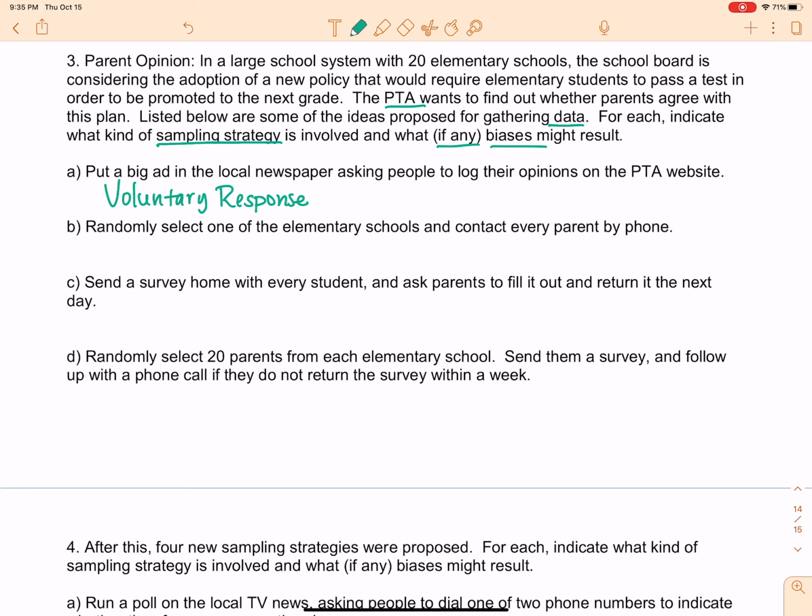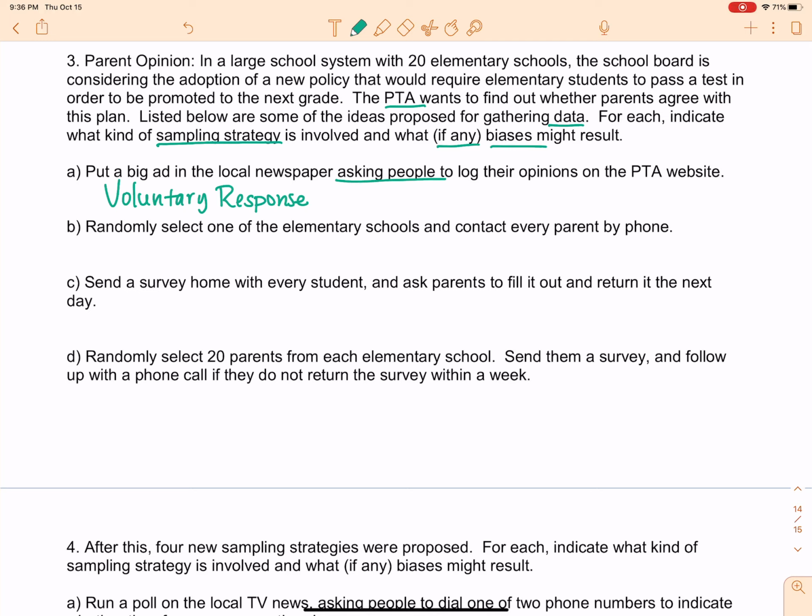So the sampling strategy that they're using is they're basically keeping it open to everyone. So it's not really that they are going through and randomly selecting people. Technically, they're just asking people to participate.